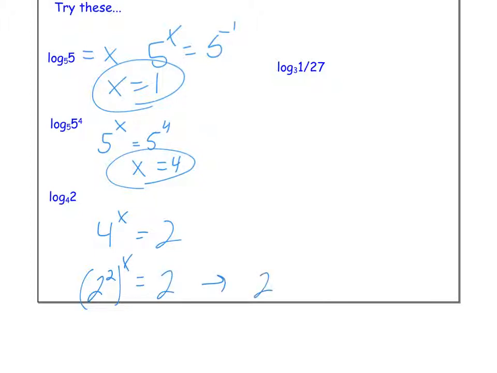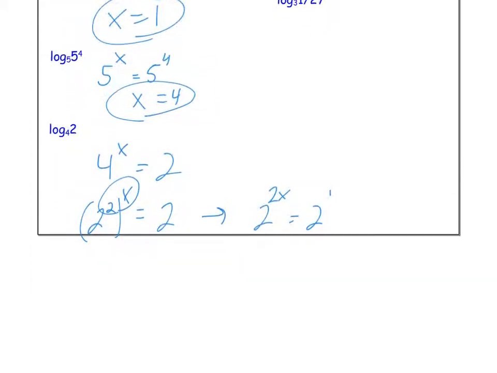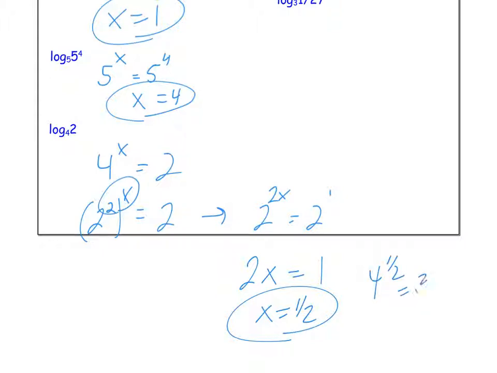Furthermore, we can take 2 and x and multiply them. 2 to the 2x equals 2 to the 1. If you are missing an exponent, it is 1. Therefore, we can say that the exponents are equal to one another now, and x equals 1/2. And that makes sense. We just learned in the previous unit that if you have 4 to the 1/2 power, that means the square root of 4, which is 2, and we're good to go.